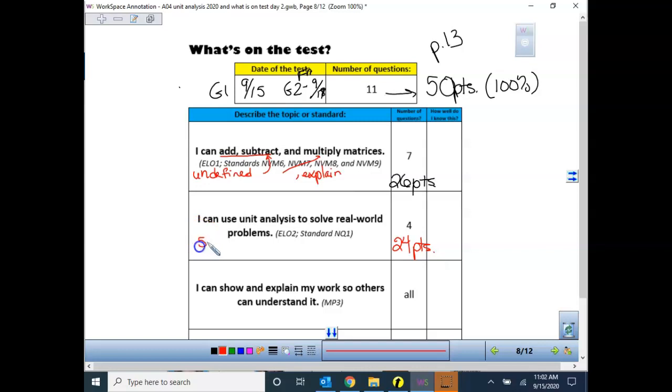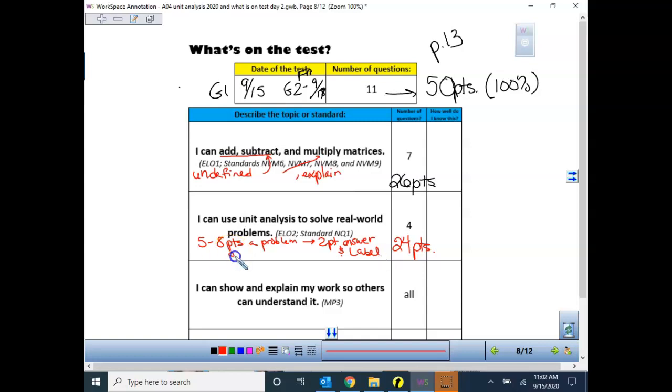So they're anywhere from 5 to 8 points a problem when I'm thinking of what those look like. Usually 2 of the points is for the answer and label. And then the other points are for your setup and canceling the units, okay?